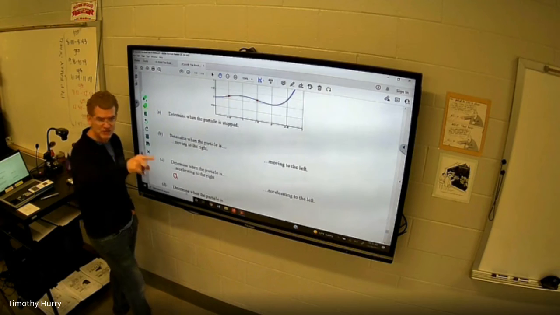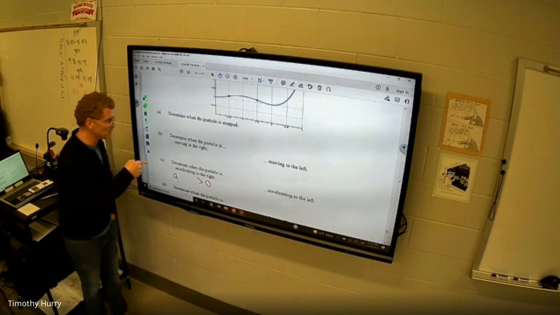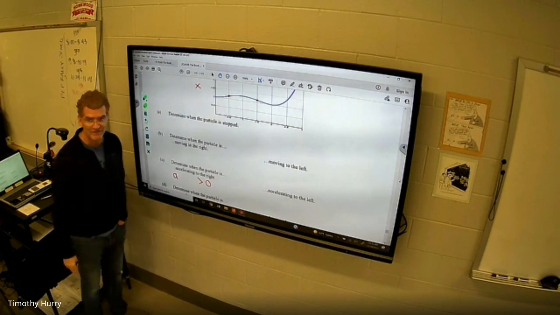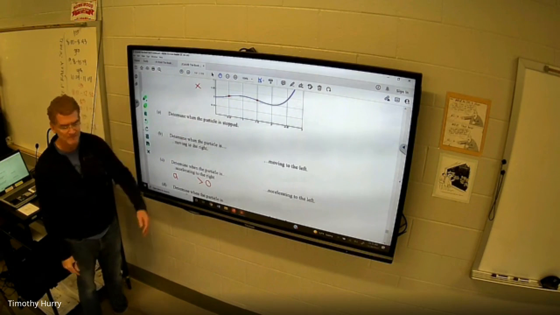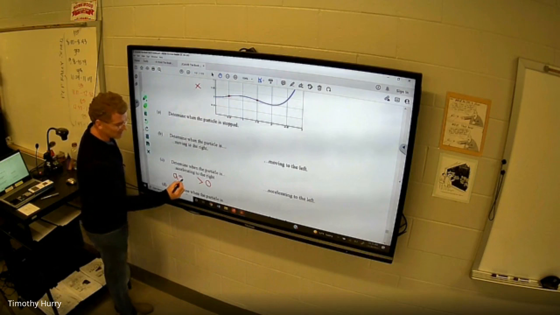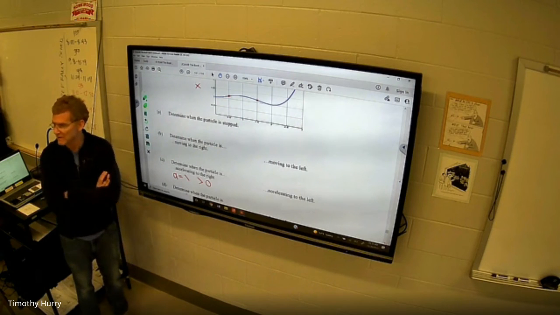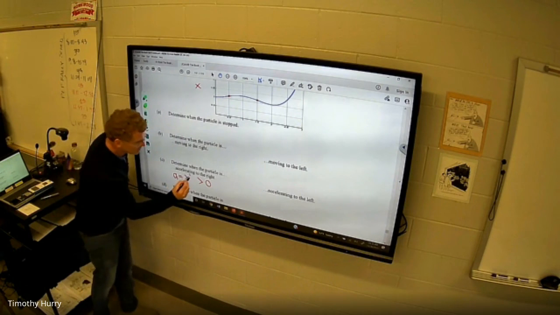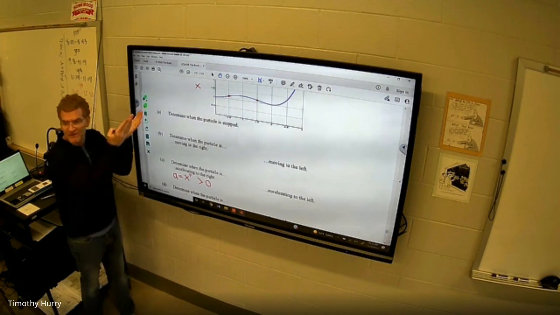When acceleration is positive, I'm moving to the right. But what do we have, the link between this and this position graph? You're jumping ahead of yourself, but you gotta make these connections. How is A linked to position? A is the what? How is A linked to this X? The second derivative? So if A is positive, that means the second derivative of X is positive.